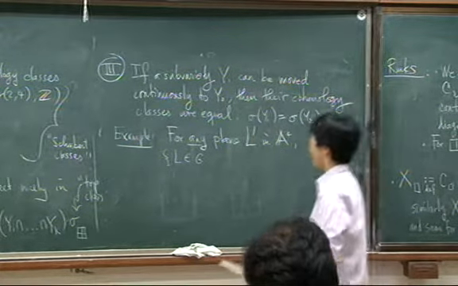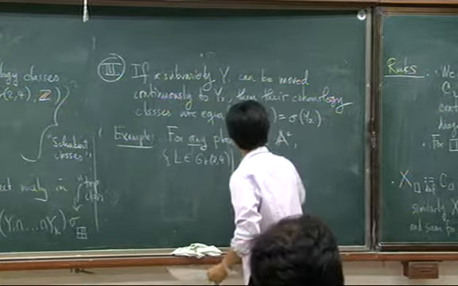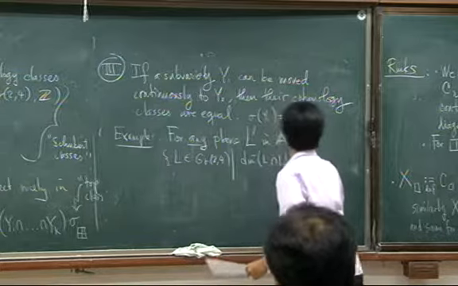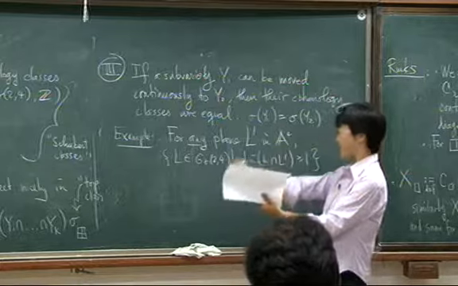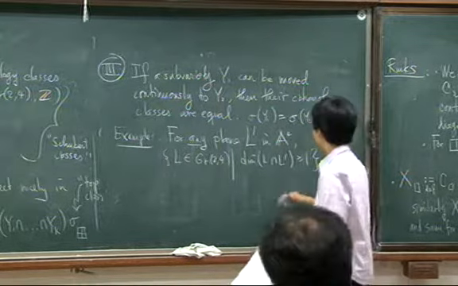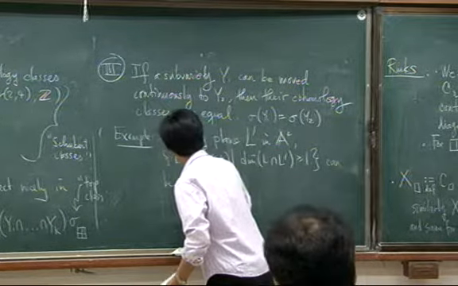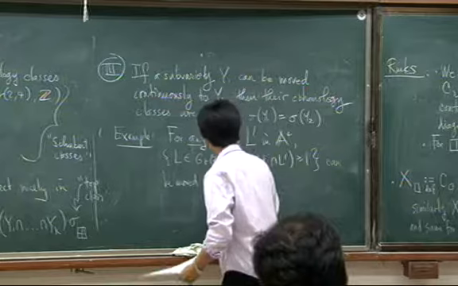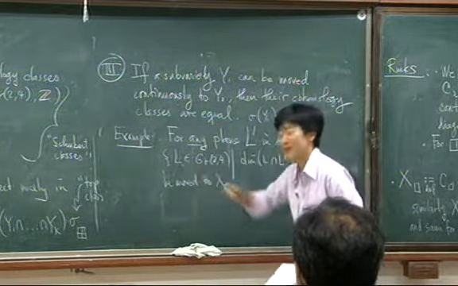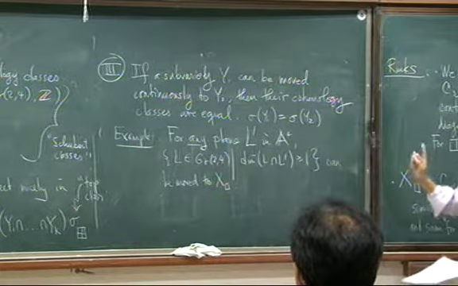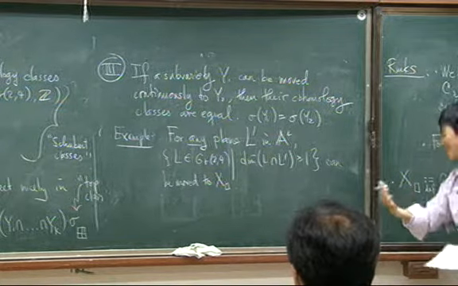For any plane L prime, all those L's, all the planes that intersect with my given one, no matter what this plane is, spanned by any 2 basis vectors of my choosing, I can certainly move it to X box. Please remember that was the one that we already said. That was the one for L prime being the particular one, which is the span of the first 2 basis vectors. So that was the special one. This is the special one.